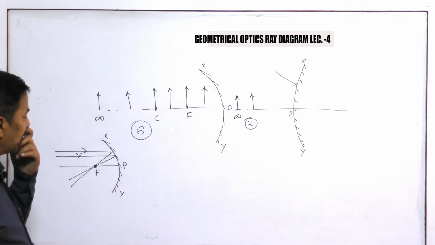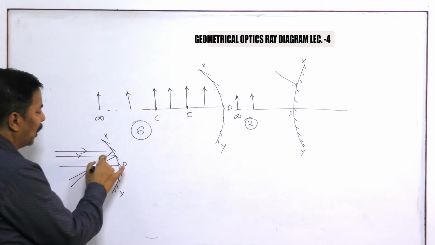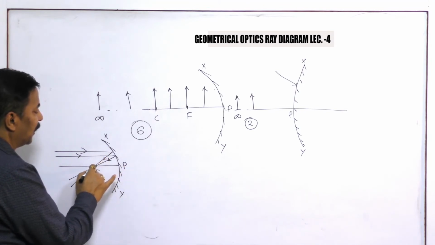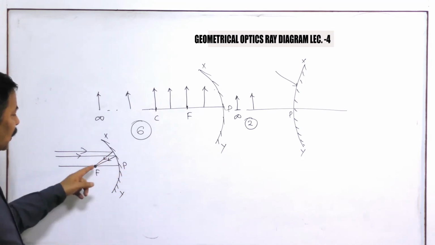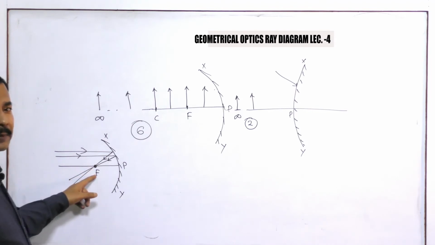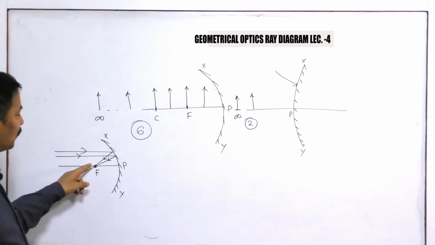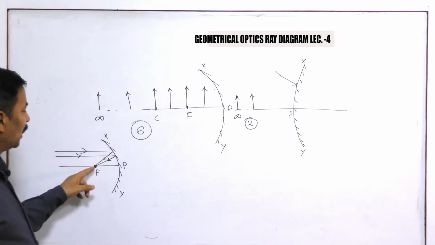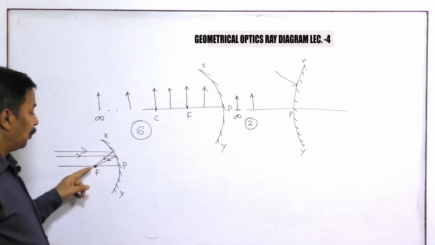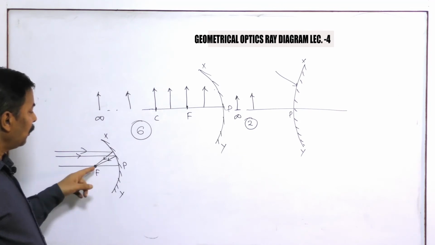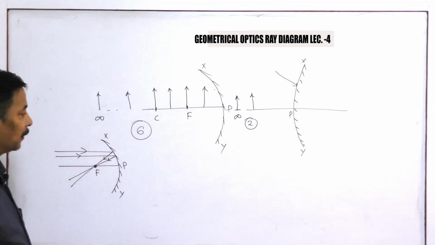So what we can say here, the point of intersection of reflected rays is called image. So here we are getting the real image, which is very small. Point size is there because it is in the form of point. So real image and point size image formed on the focus of the concave mirror.